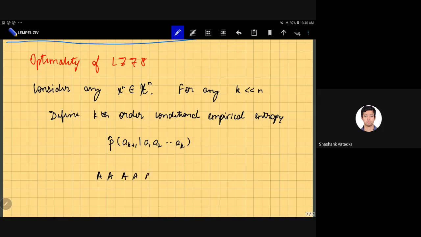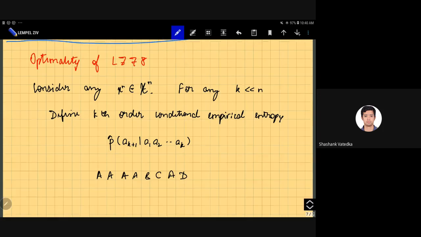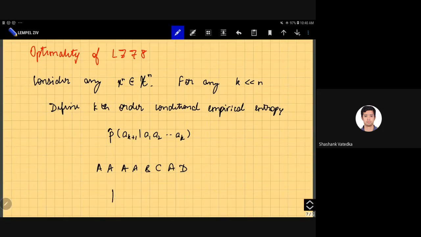a b c a d, then p hat of, say, b given a is the fraction of times b occurs after a.